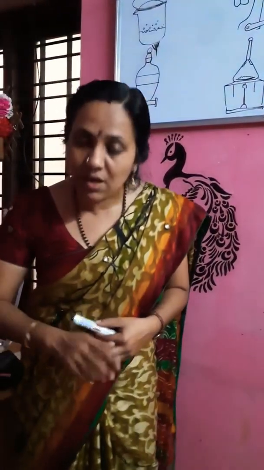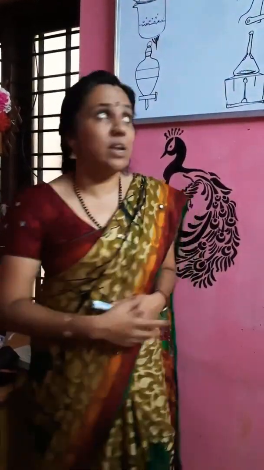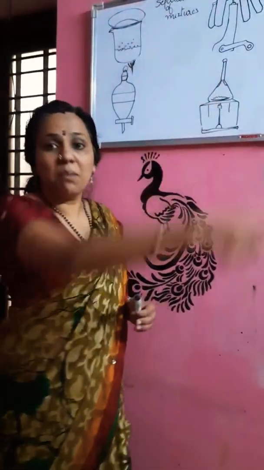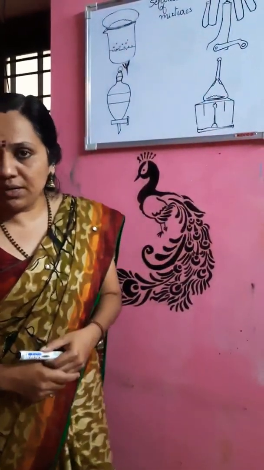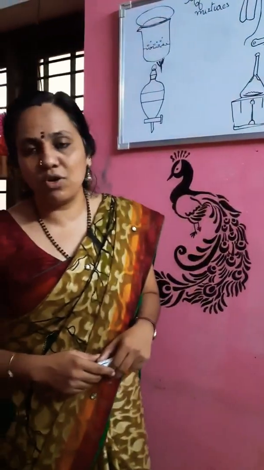So centrifugation is rotating the mixture at a high speed so that, by the force of gravity, the different components in the mixture separate. That is the principle behind centrifugation. And this is a centrifuging machine which can be rotated manually, a manual centrifuging machine.